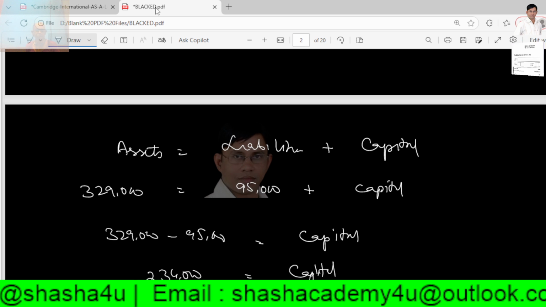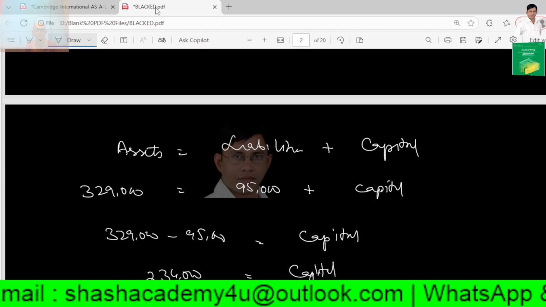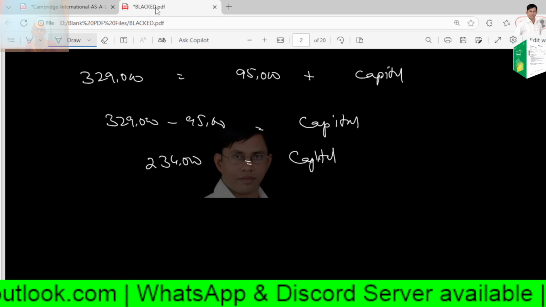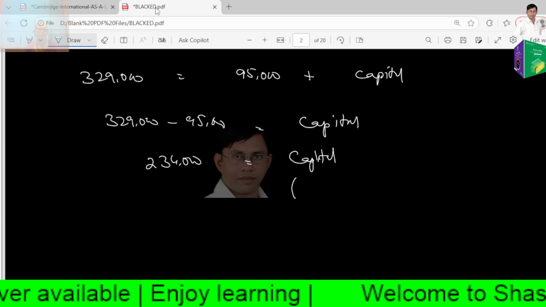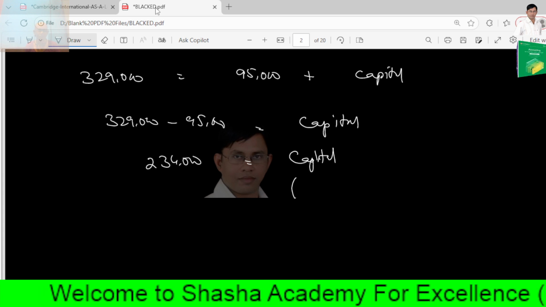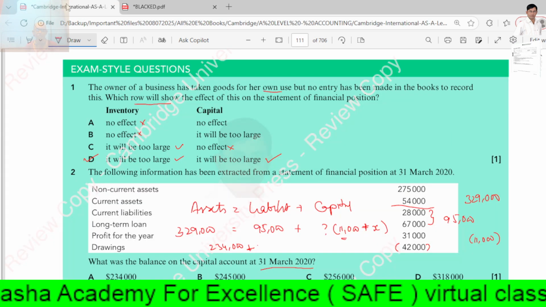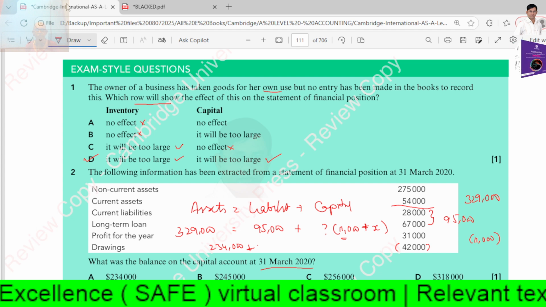But in capital, this includes one figure. This is what all is here. This side, 31,000 minus 42,000.